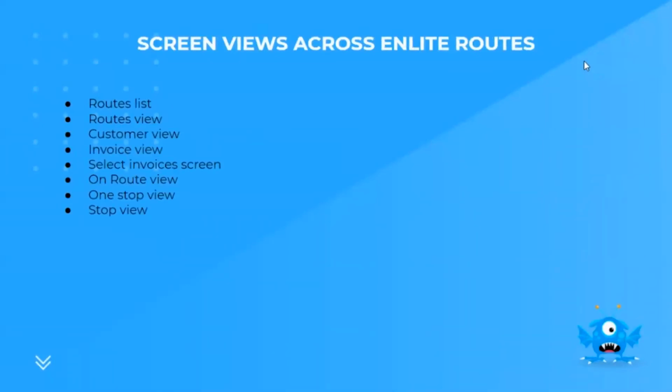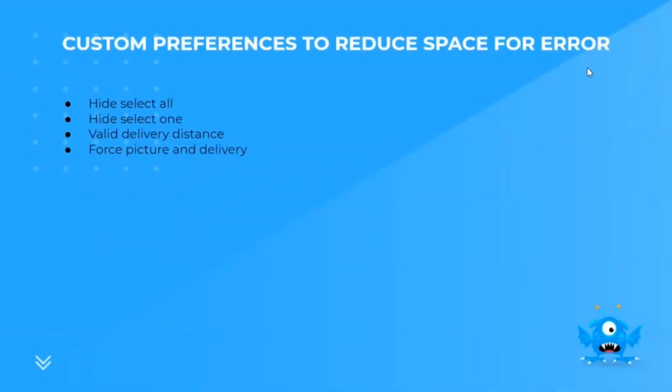Screen views across the Enlite routes. Here we have different screen views that we would like to show you on the next slide. Just an overview: we have different screen views such as route list, route view, customer view, invoice view, select invoices screen, on route view, one stop view, and of course the stop view.